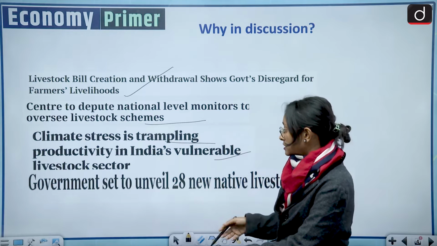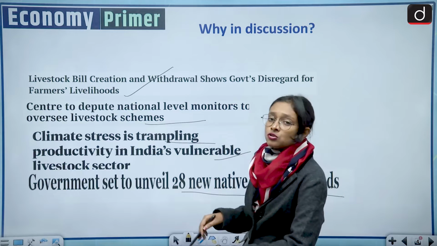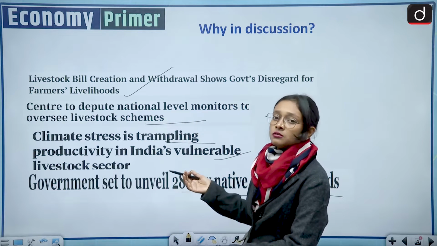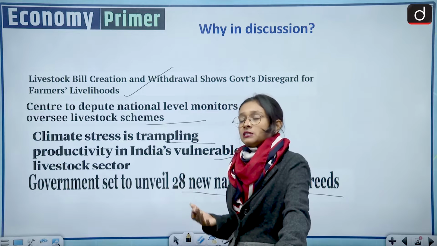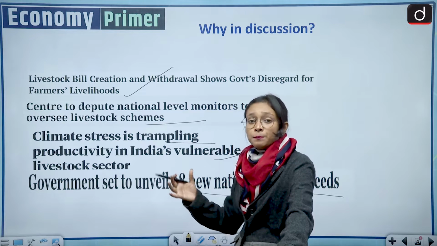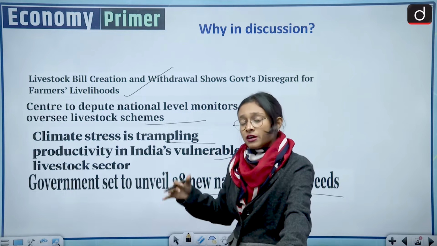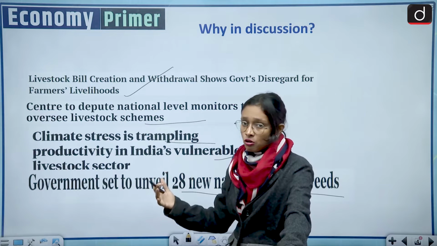We are also going to discuss government set to unveil 28 new native livestock breeds. So what do all these news items say? All these news items say that the livestock topic is an important part of the Indian economy and has an important impact on the Indian economy. That's why we have chosen this topic, to see how it changes the different dynamics of the economy.